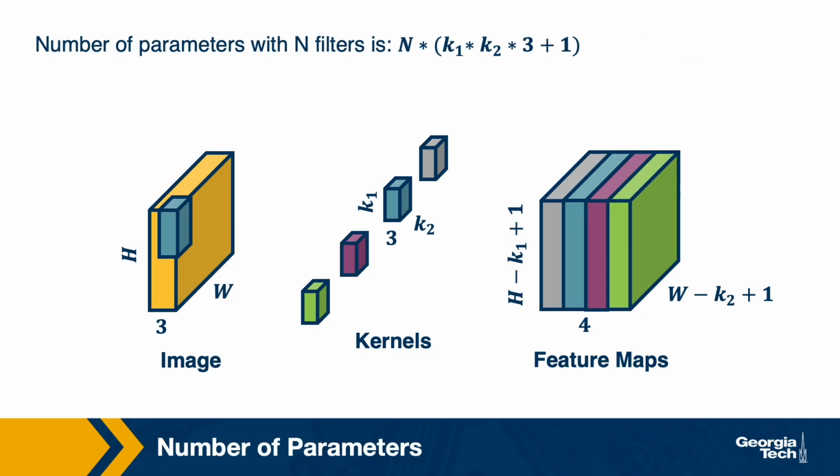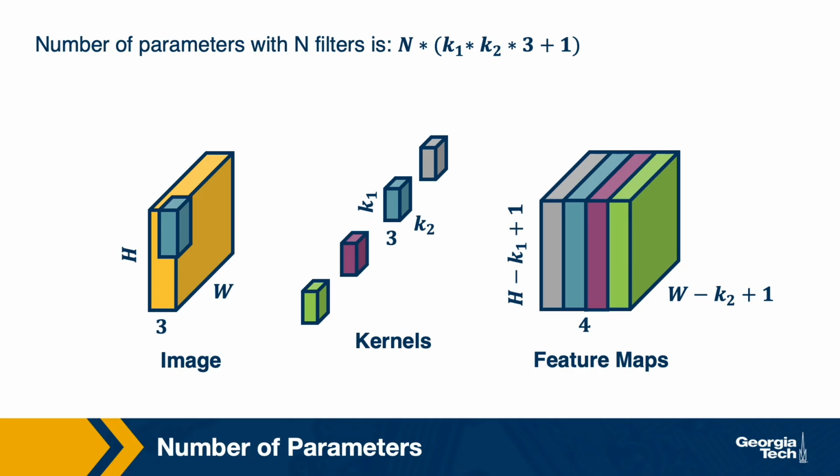Now let's take a look at the number of parameters. If you remember, this was the reason we did this whole exercise. We wanted to reduce the number of parameters. And so for each filter, let's say in this case, K1 by K2 by 3, that's how many parameters we'll have, because each of those values in the kernel is a parameter that we're learning and that we initialize randomly. And if you notice, we'll have a +1 here, again, for the bias. Each kernel will have a bias that the output will be offset by.